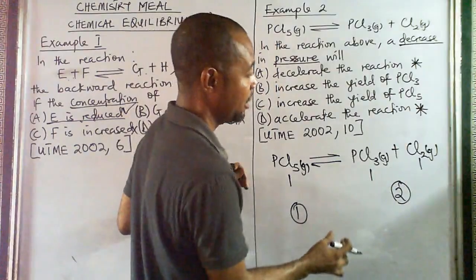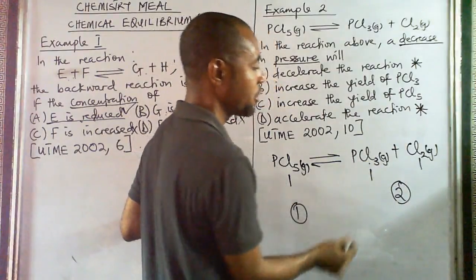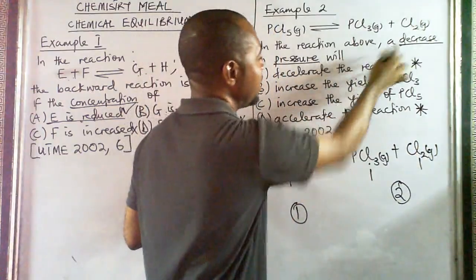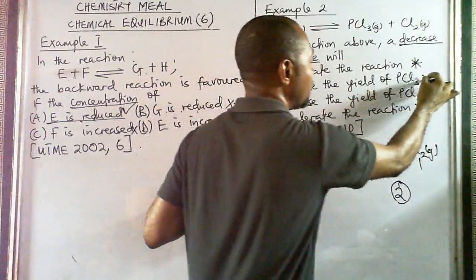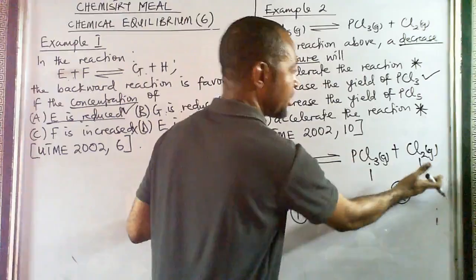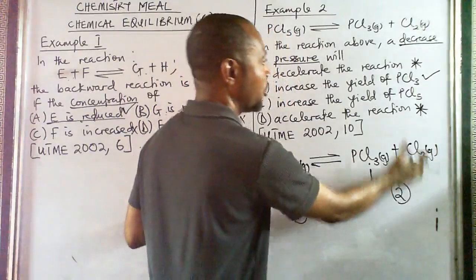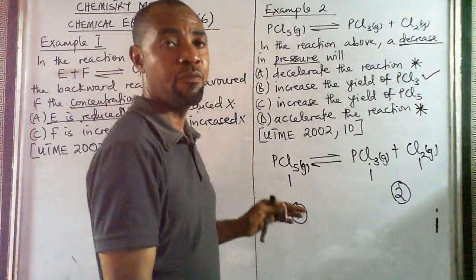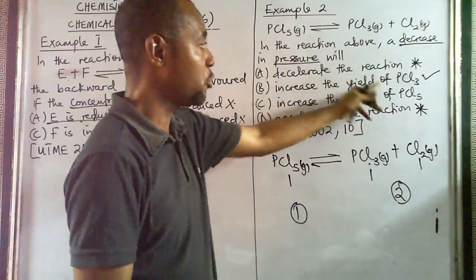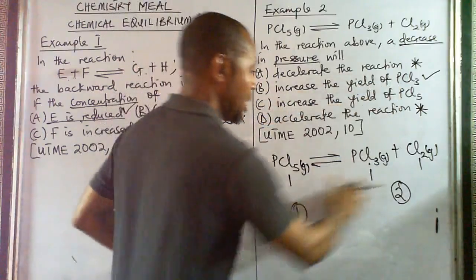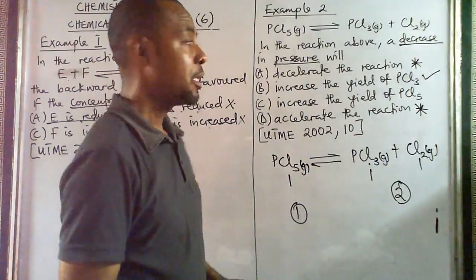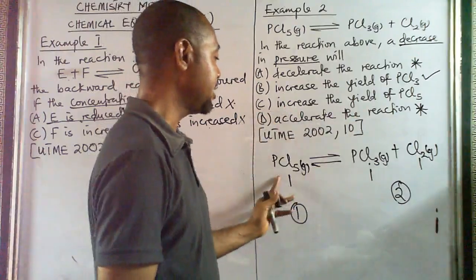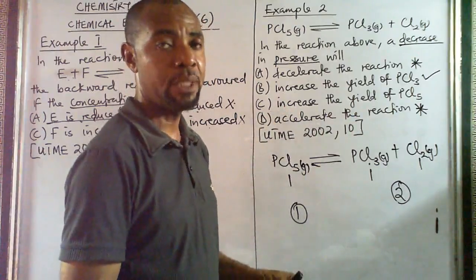What is on this side? Phosphorus trichloride and chlorine. So a decrease in pressure will increase the yield of phosphorus trichloride, because it is on the favored side. If the backward reaction had been favored, it would increase the yield of phosphorus pentachloride.